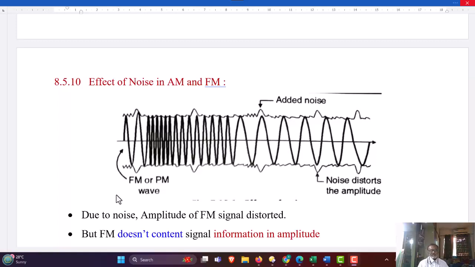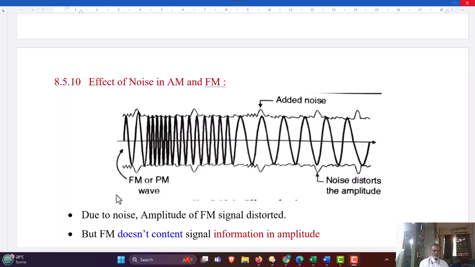Whereas in frequency modulation, even though the carrier frequency after modulation gets altered by noise in the form of change in amplitudes, there is no problem. At the receiving end, we can clip off the amplitude variation safely, because we know that in FM there is no information content in variation in amplitude.